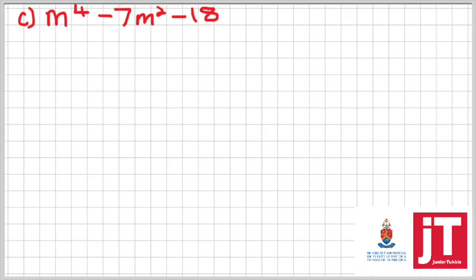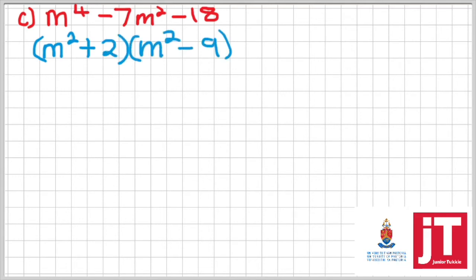I'm going to go straight into it and just say, in the first bracket, we get m to the power 2 plus 2, and we're going to get m to the power 2 minus 9 in the second bracket. Notice again, in your second bracket, there is a difference of 2 squares there.